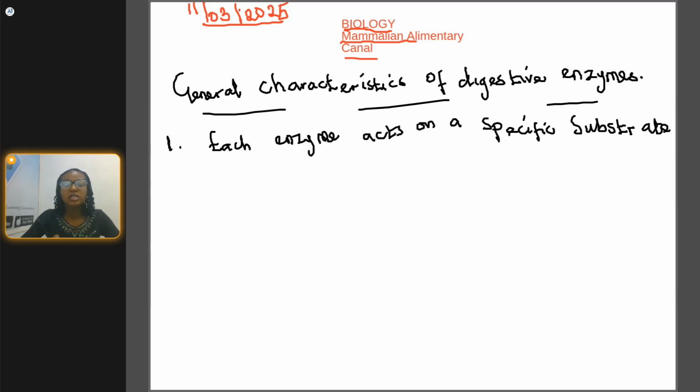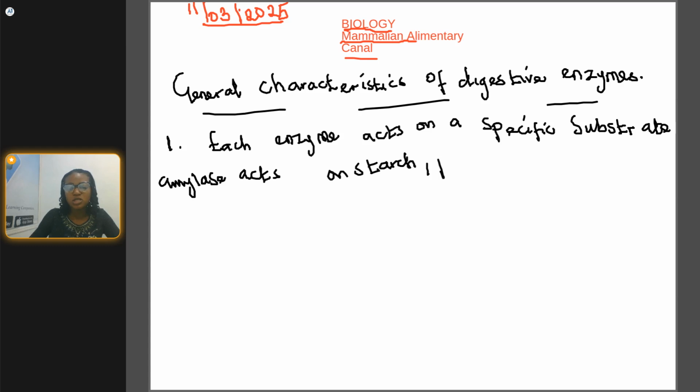Just like I explained earlier, the enzyme secreted depends on the type of food you take in. For instance, the amylase acts on starchy food or carbohydrates generally. The protease acts on protein.